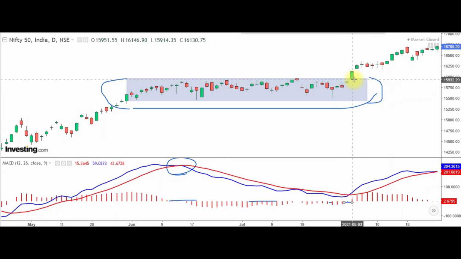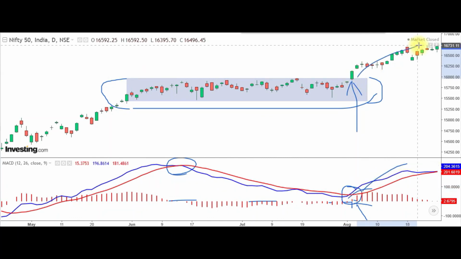But when there was a breakout of this sideways price action, you can see this was the first bar of the histogram which was above the zero line, and then the bars started rising. Even the MACD gave a positive crossover and the price went above.